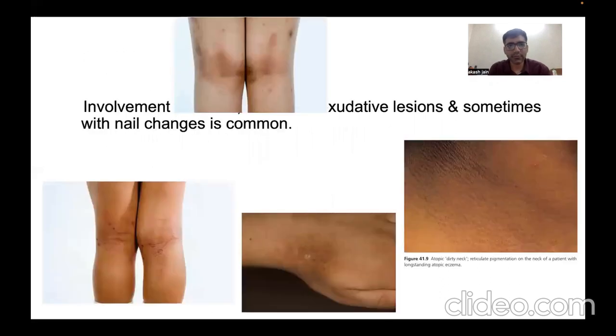So this is a picture of the childhood phase of atopic dermatitis, where you can see erythematous and excoriated lesions over the popliteal fossa, over the extensors. Involvement with nail change is common, and the bottom right photo is of atopic dirty neck, that is reticular pigmentation on the neck with long-standing atopic eczema.